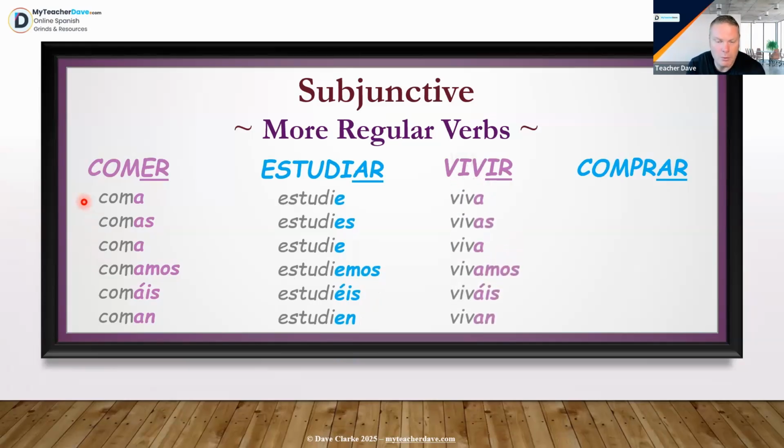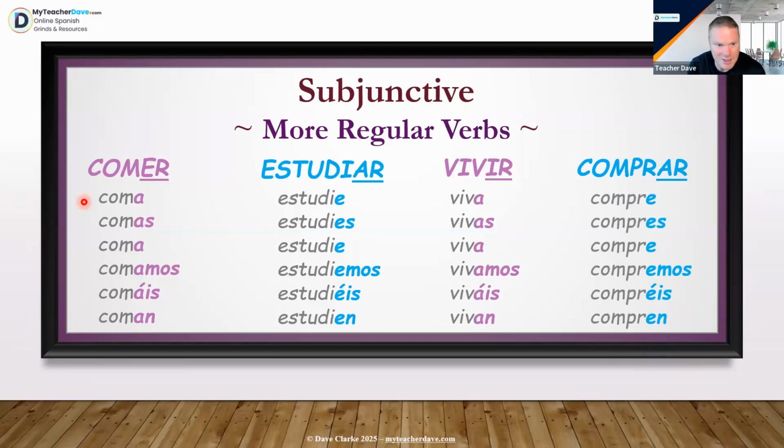For vivir, we have viva, vivas, viva, vivamos, viváis, and vivan. And the last one, comprar, exactly like estudiar in terms of endings, we have compre, compres, compre, compremos, compréis, compren.